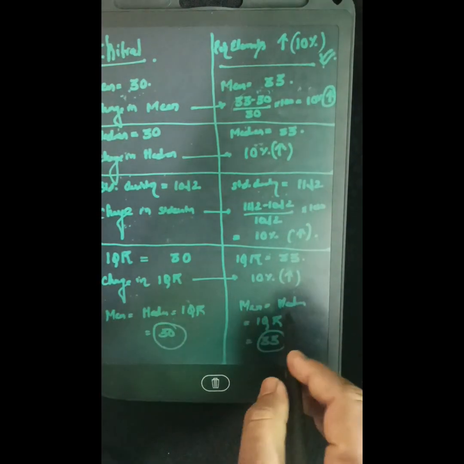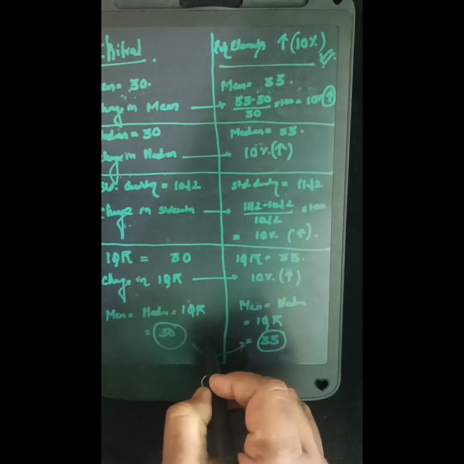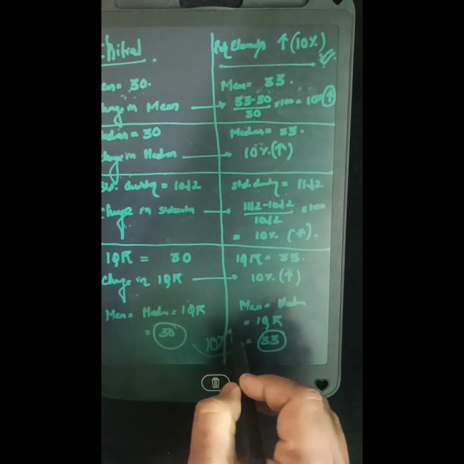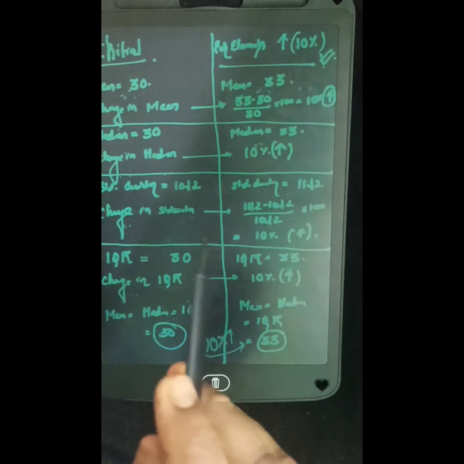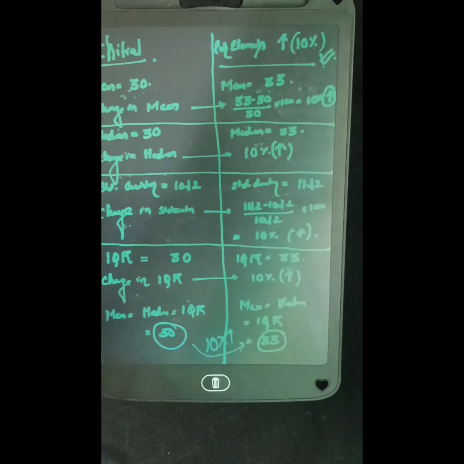So in all these three we had a percentage increase of 10%, which is equivalent to the percentage increase in each of the elements. This is the particular inference I was trying to convey: the concept of what will happen if there is an increase or a decrease by a certain percentage within the data set. Okay, I guess this is fine, and the difference is quite clear. One may take a screenshot if necessary.